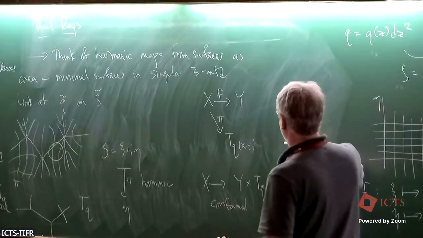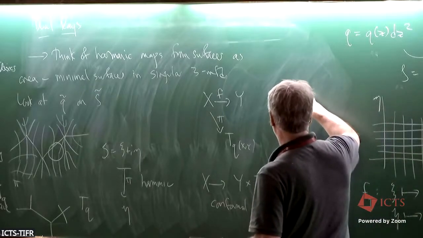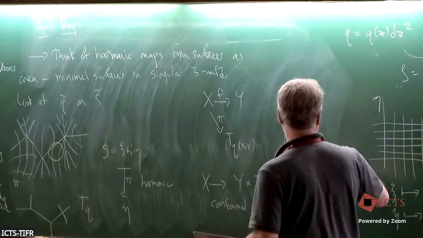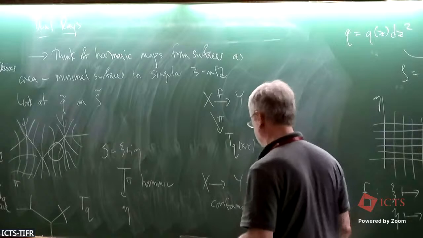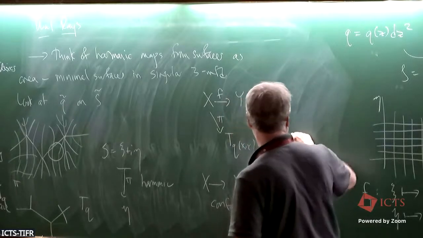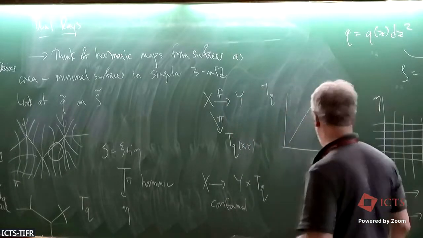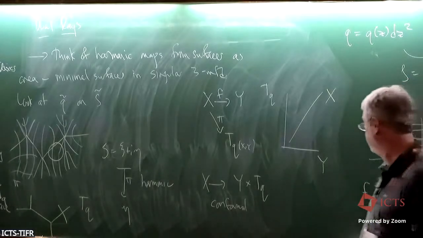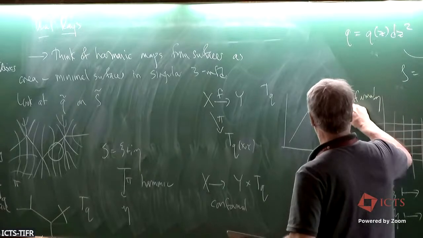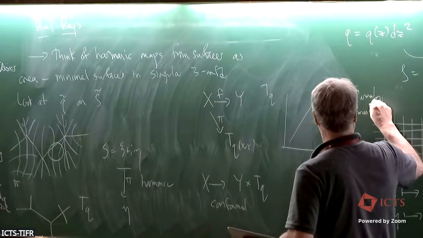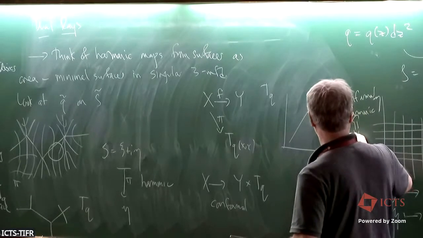So what we found is, if I have a base Y and this tree T_Q, I have X sitting in here as a graph, and it is conformal and harmonic. And being conformal and harmonic is the same thing as being minimal.